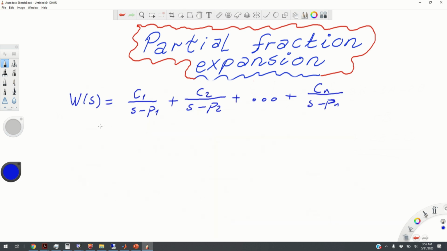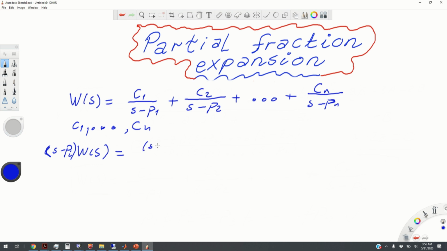Okay, so let us now derive a procedure for computing the constants c1 until cn. This procedure is very easy to derive, and the derivation is very nice. Now, let's see what happens if we multiply W(s) with, for example, s minus pi. What do we get?